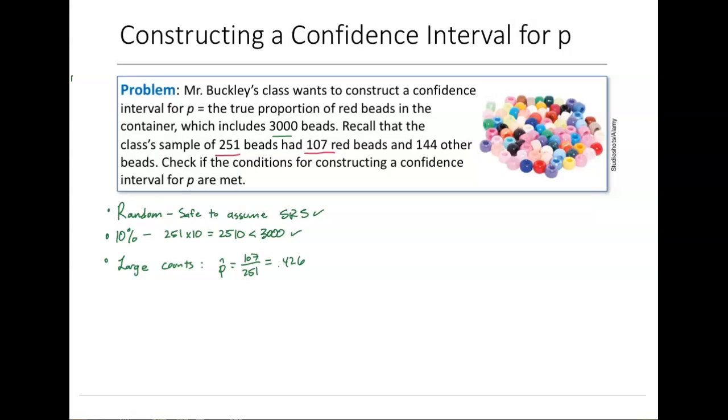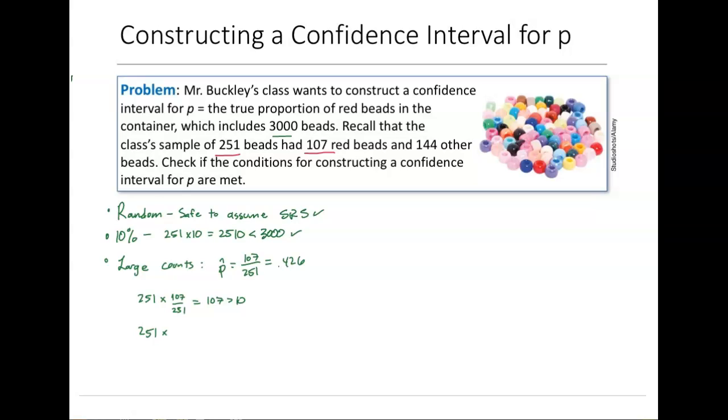And remember that large counts is n times p hat has to be greater than 10. So my sample size, which is 251, times p hat, which is 107 divided by 251. Well, that's just going to be 107, right? That's definitely greater than 10. And then you need to do it again. 251 sample size times 1 minus p hat.